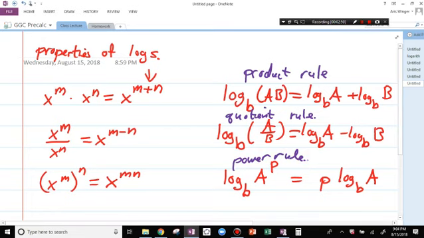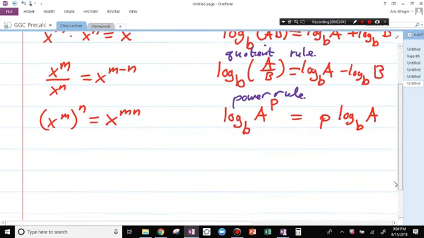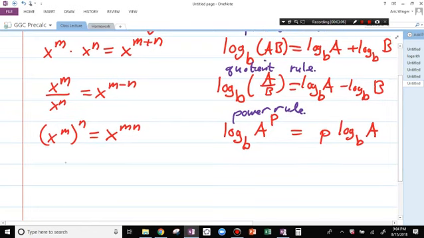Let's do some examples. Here's some examples. What's the log of 2 plus the log of 5?